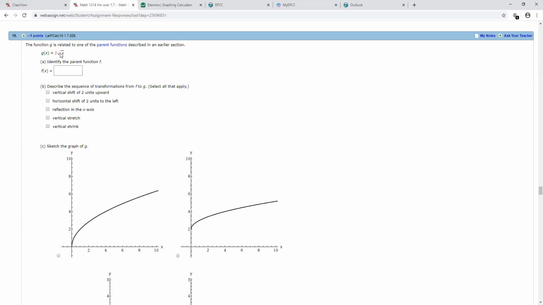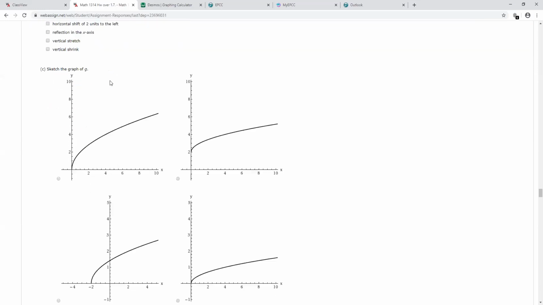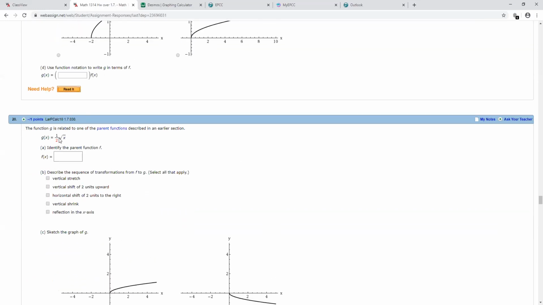Inside is the one I was just talking to you about, when there's a multiplied number next to the variable x inside the parent function. So that's not this. So this is going to be the vertical dilation, and so is this one, because the times 1/2 is outside; this number is multiplied by the whole function square root of x, and it's outside, not inside, next to the x variable.